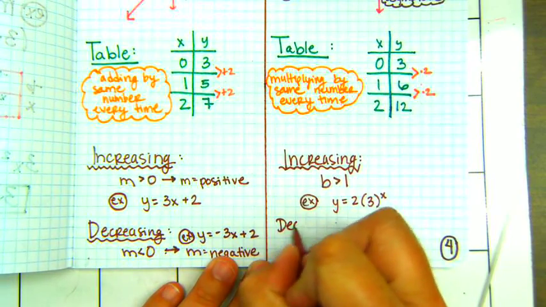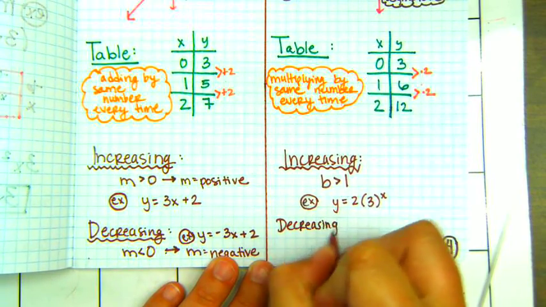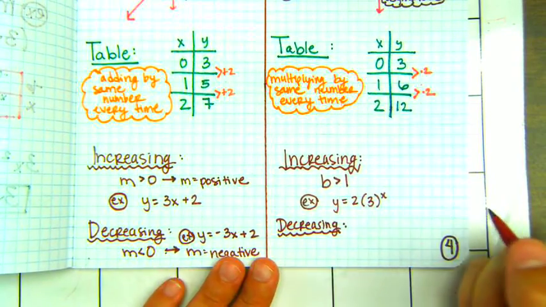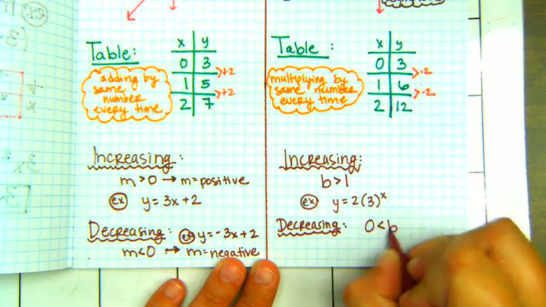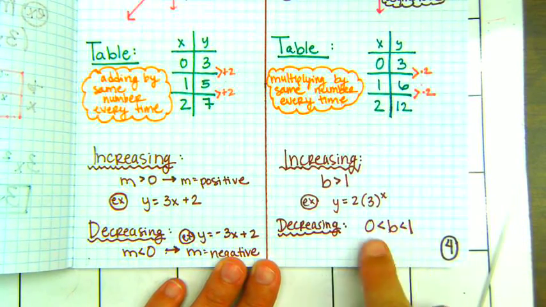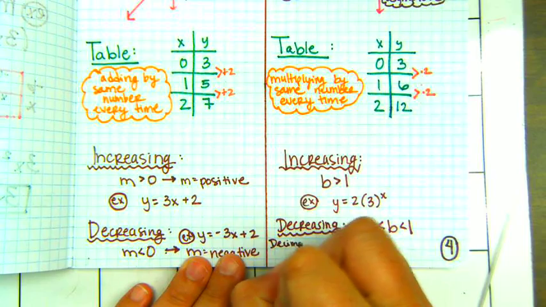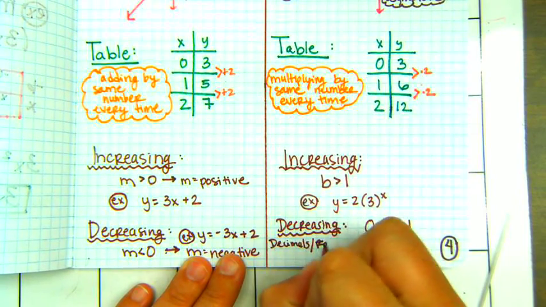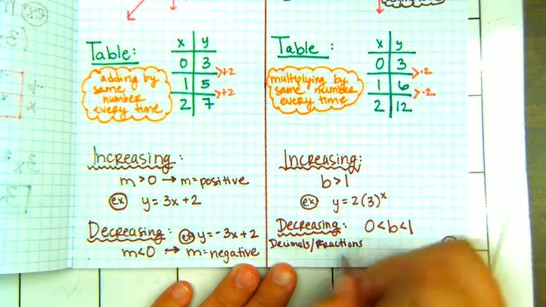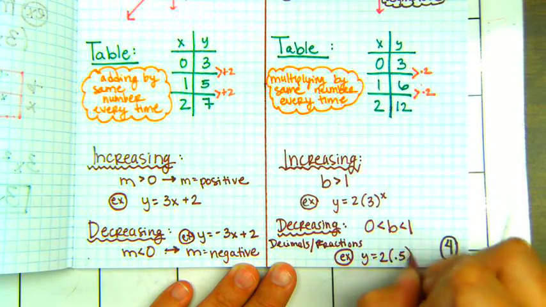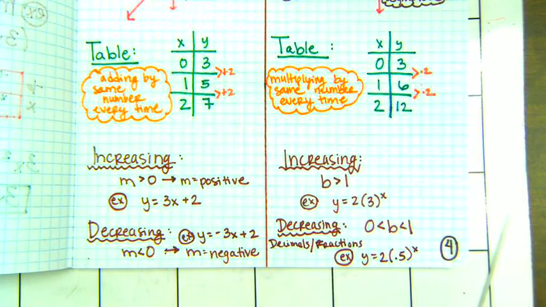For it to be decreasing, now this may look a little funky. Your b is between 0 and 1. Well, let's think about that. What numbers are between 0 and 1? It's not 0, it's not 1. What kind of numbers are those? Those are decimals or fractions. So an example of that would be y equals 2 times 0.5 to the x. That b is a decimal, which means it is decreasing.